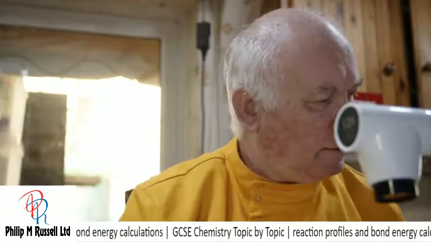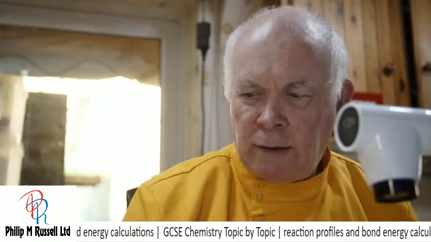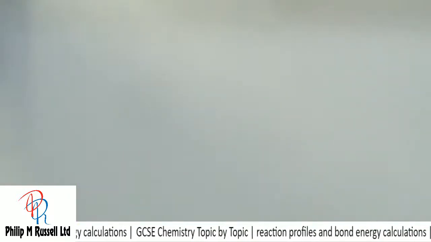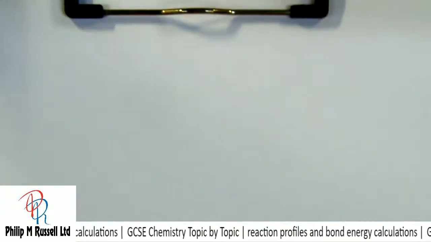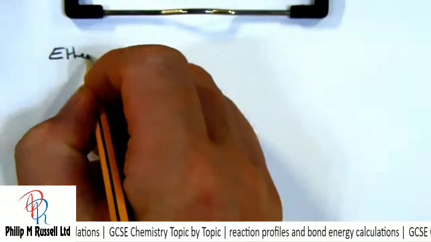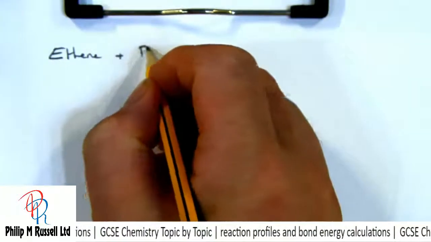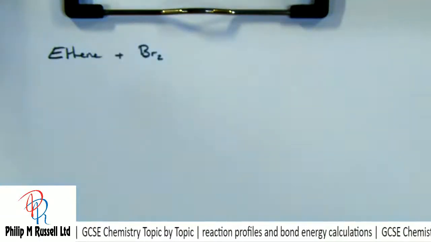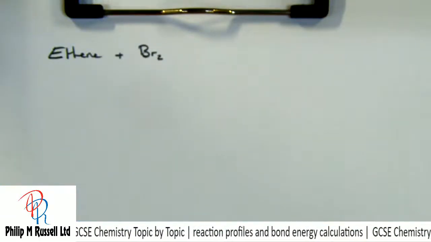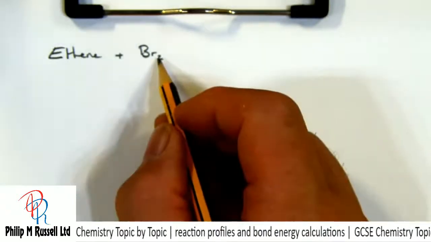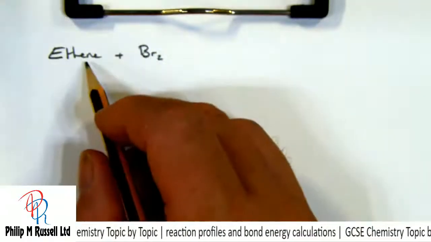Let's take another substance and let's see what happens if we might like to try and play with this. So let's take a reaction, and the reaction I'm going to take is one of ethene plus bromine gas. Now this gas is probably going to be easier if we dissolve this in some water. So this is bromine water and ethene.